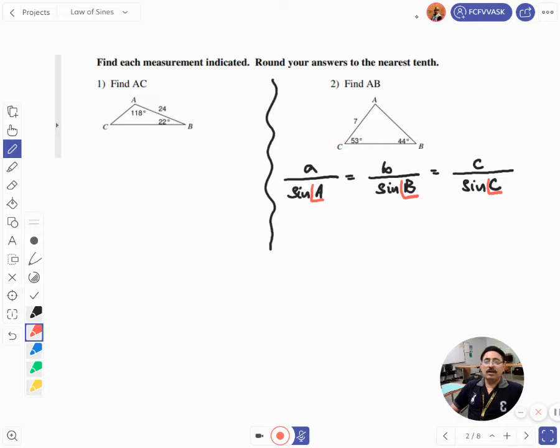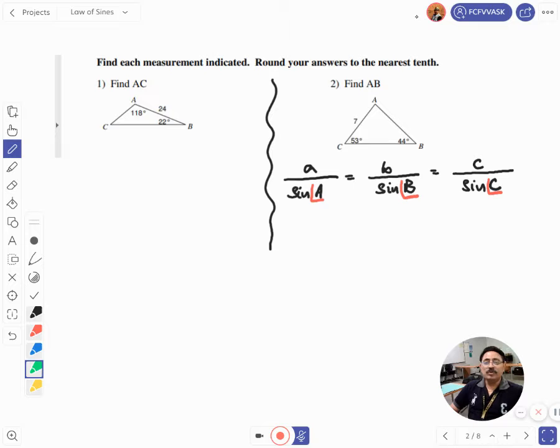So, angle A is opposite to side a, and I don't have either of these two values. By the way, there are three fractions we are using. Out of these three, we knock off one fraction for sure every time.